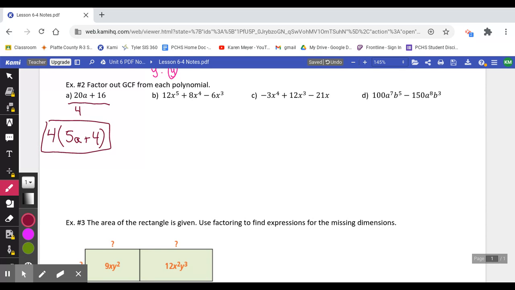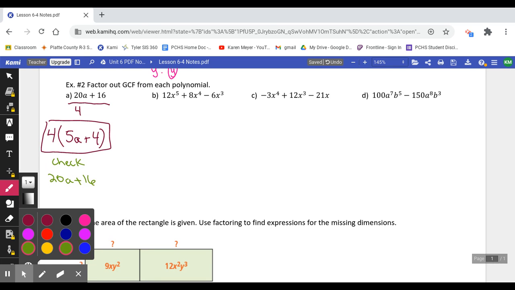Now, if you want to tell if you're correct or not, you can check your work by using distributive property. If I multiply the 4 back through, I would get 20a plus 16, which should match the original problem. If it doesn't match the original problem, then you know that you are wrong. If it does match, you know you are correct.